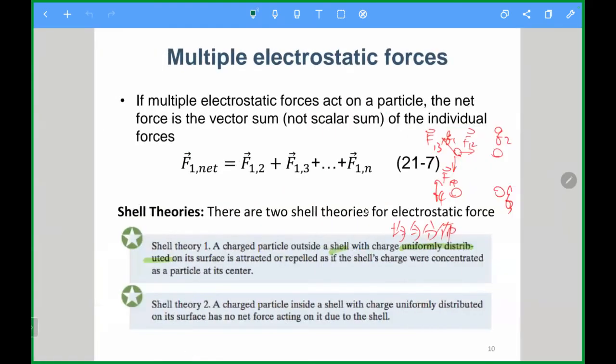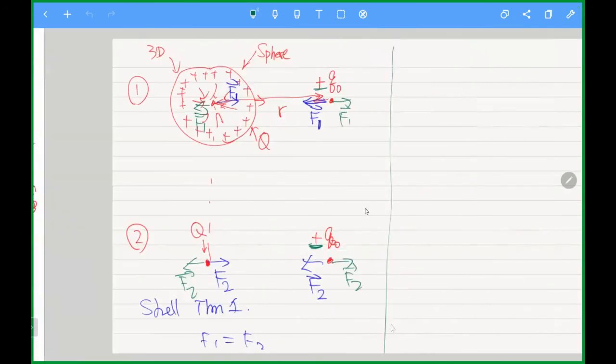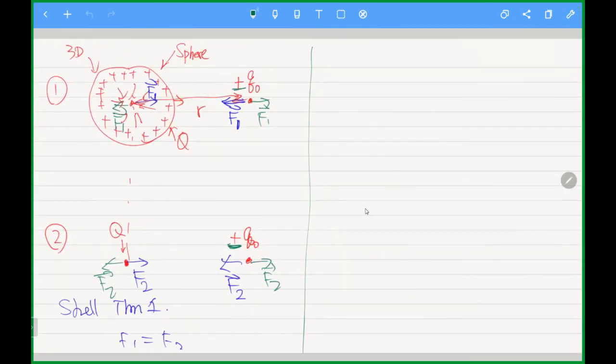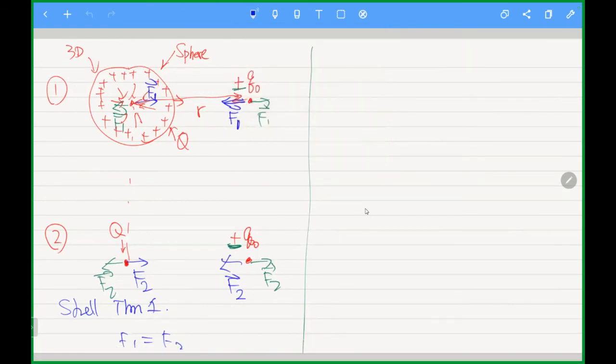For shell theorem 2, a charged particle inside a shell with the charge uniformly distributed on its surface has no net force acting on it due to the shell. This means that if we have a sphere, we have some charge on the surface.